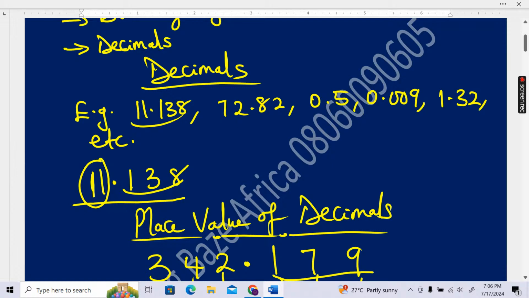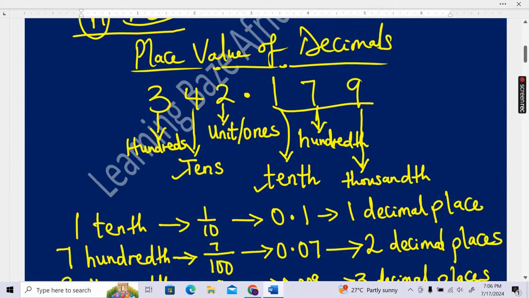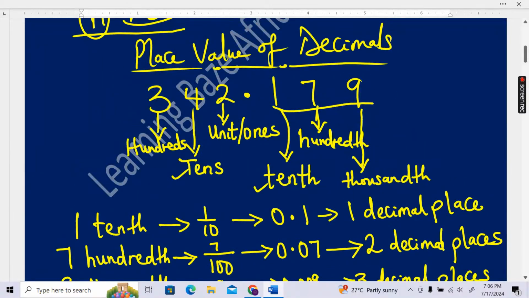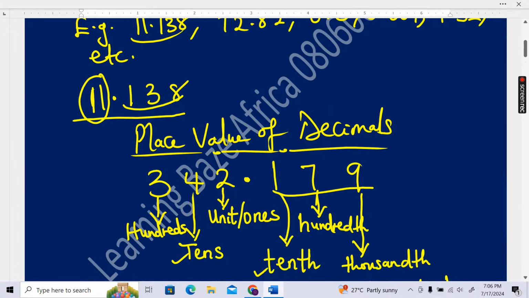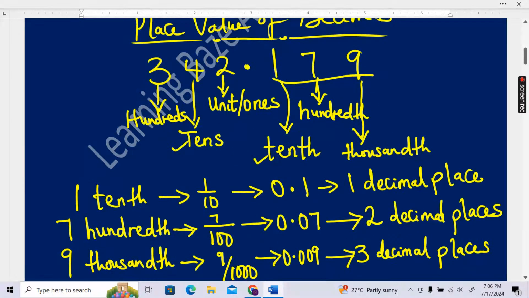Now, moving on to writing out the place value of a decimal, you have learned that it is not read as a whole number. It is read digit by digit. So you can see that we have 342.179. We need to write out the place value of this decimal.